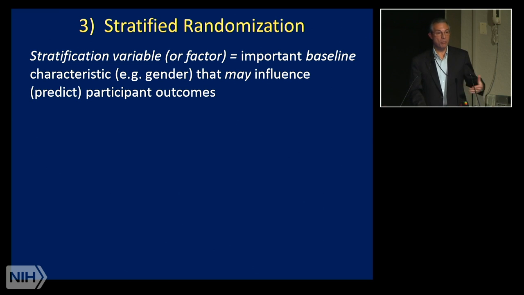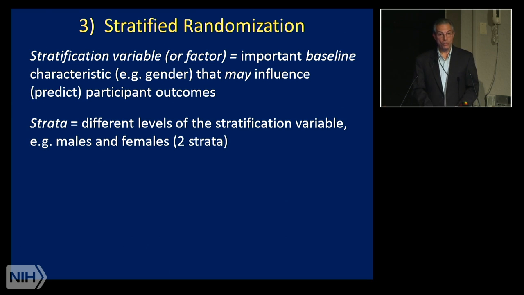Site, if you have a multi-site clinical trial, could also be used as a stratification variable. Strata are the different levels of the stratification variable. So males and females are 2 strata. I'm just giving you a little bit of terminology here. It's not critical, but just so you know the words.